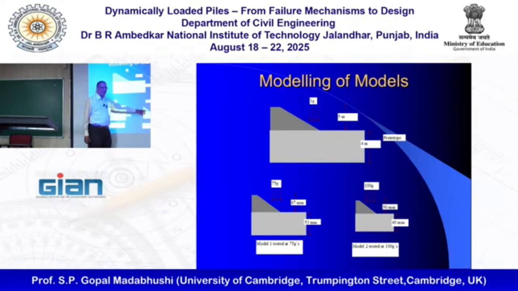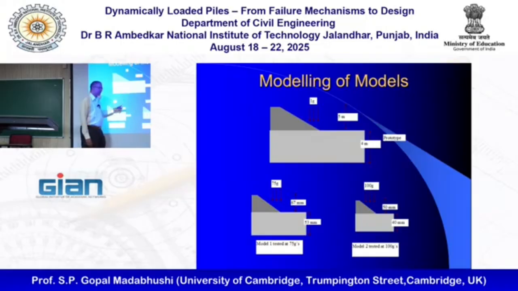The scaling law for settlement, it's a length dimension, will have a factor of n, right? Because it's the same as the length of the thing. Settlement has the same dimension of meters. So if this has a settlement of 2 millimeters, the prototype will have a settlement of 2 times 100, 200 millimeters.